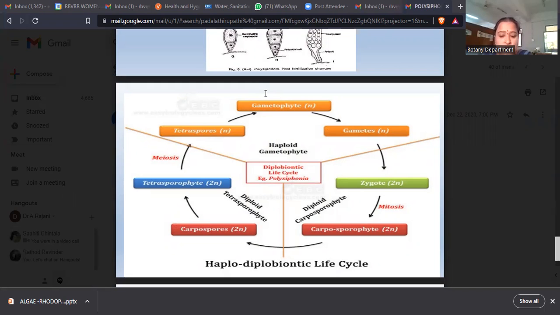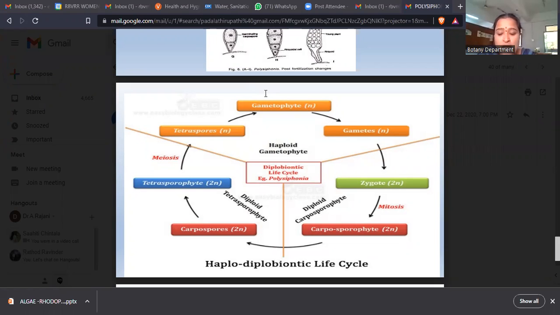Next, in the life cycle of Polysiphonia, male and female plants produce the gametes. The spermatium fuses with the egg of the carpogonium to form the diploid zygote in the supporting cell.